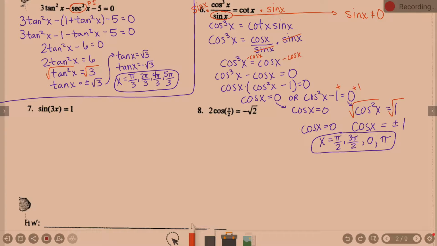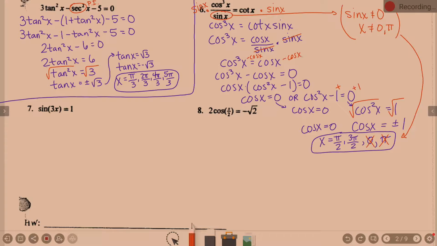At 0 and pi. So what that means, if sine cannot equal 0, x cannot equal 0 and pi. So what's that mean down here? Even though we got these lovely answers of 0 and pi, they don't actually work. Okay? So just kind of something to be aware of there.